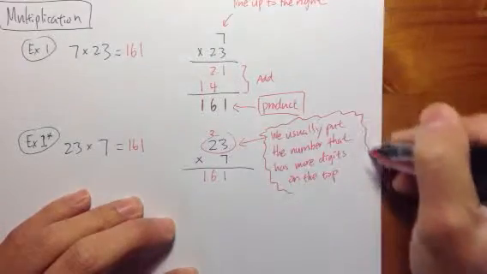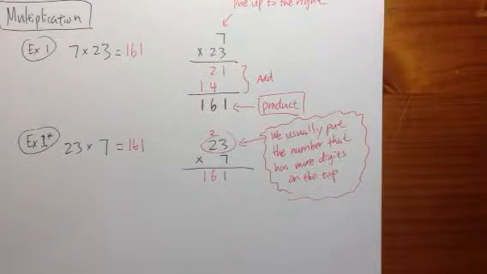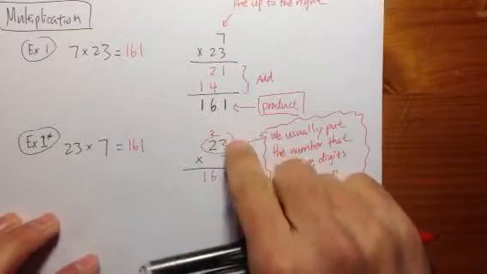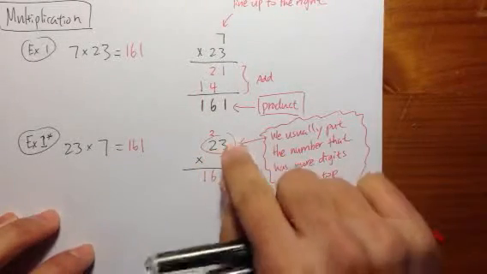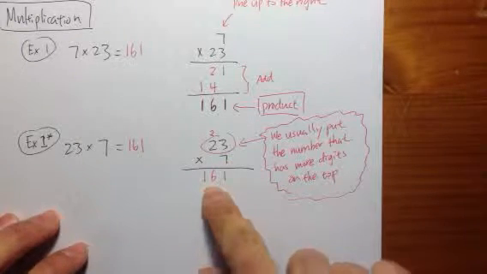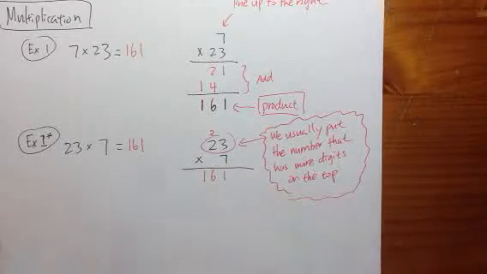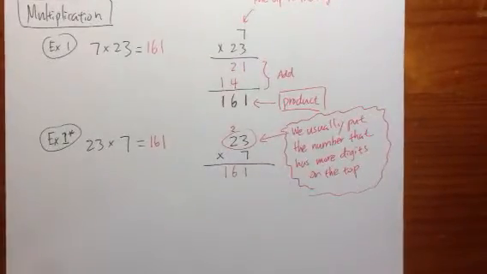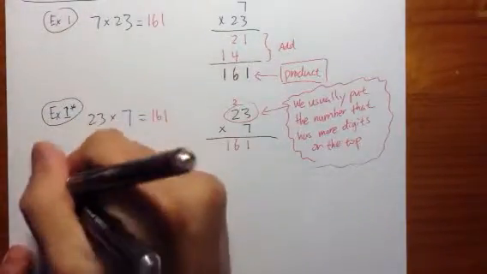Okay, we usually put the numbers that have more digits on the top. So in this case, if you put 23 times 7, 23 on the top and then 7 on the bottom, you get 161, which is just a 1 step. It's easier, I think. So let's do another example.